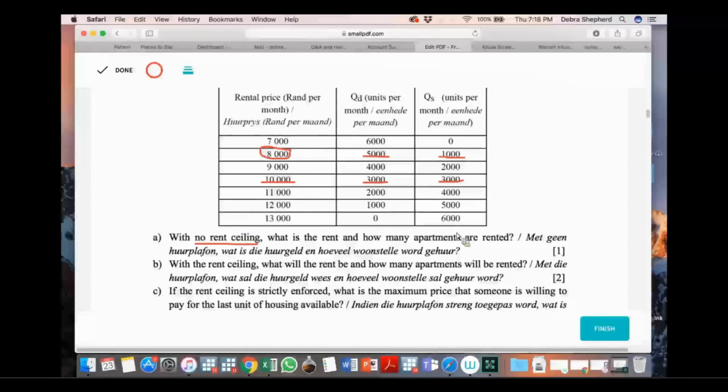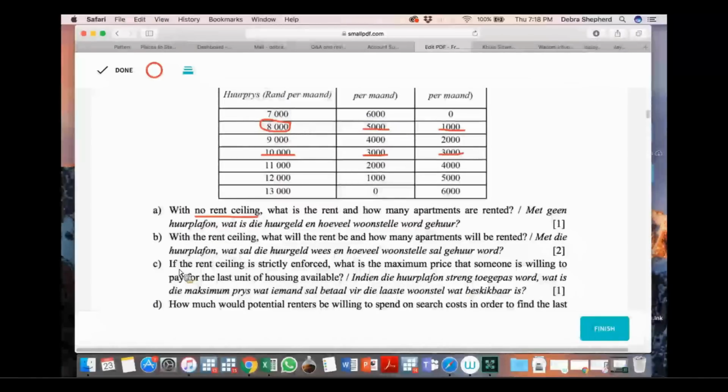So this means that 1,000 apartments will be rented because you cannot rent what isn't available. If there are only 1,000 units available at a price of 8,000 Rand a month, then only 1,000 units will be rented. So the answer to B is 8,000 Rand and 1,000 units.